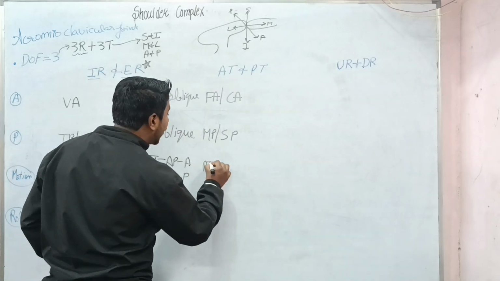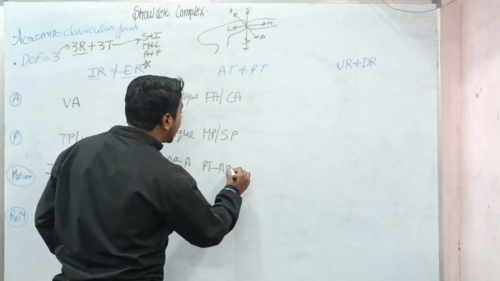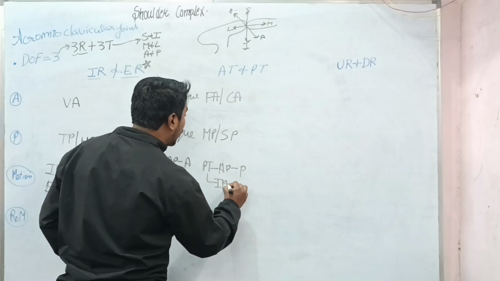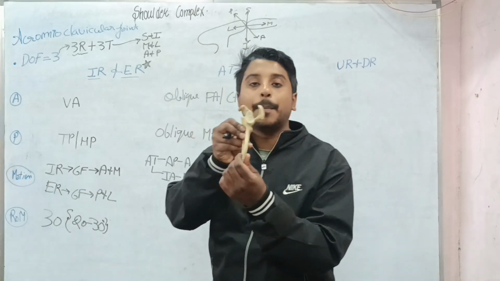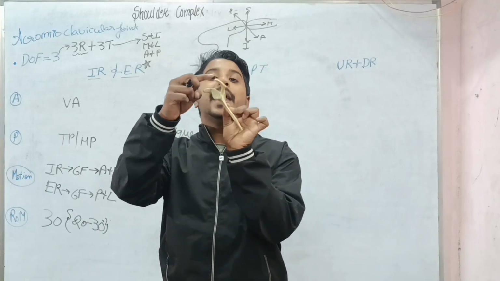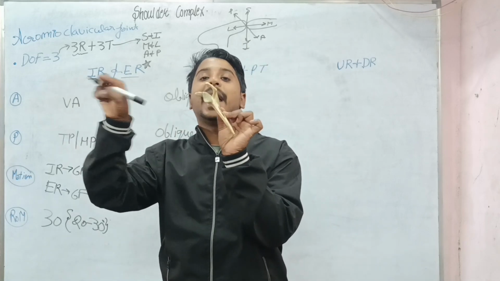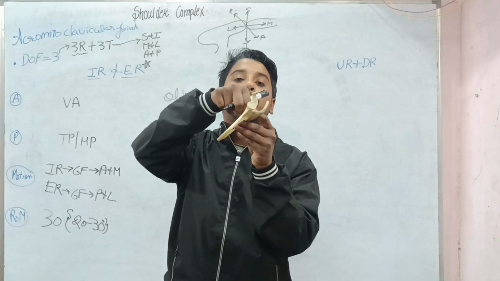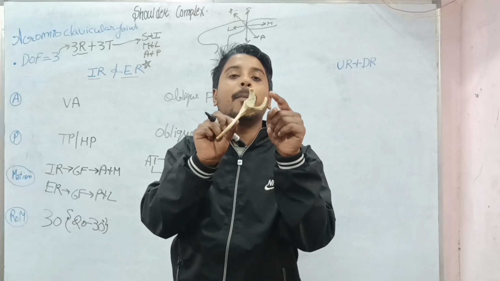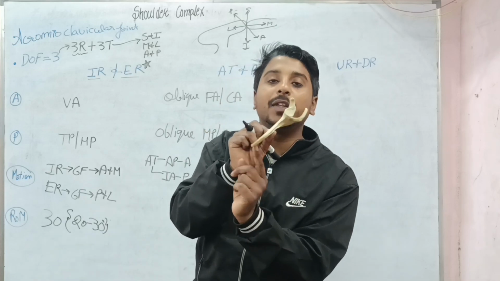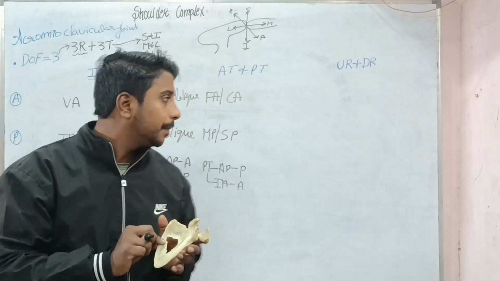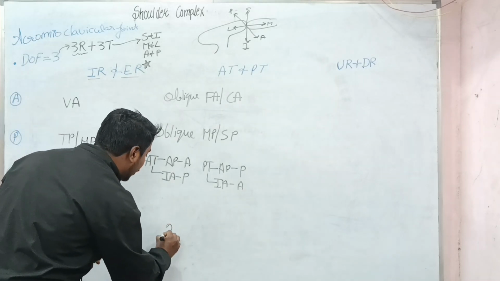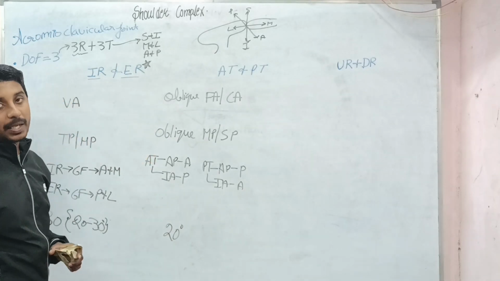While in posterior tipping, the acromion process will move posteriorly and the inferior angle will move anteriorly. Very simple, very easy to understand. Range of motion is around 20 degrees.